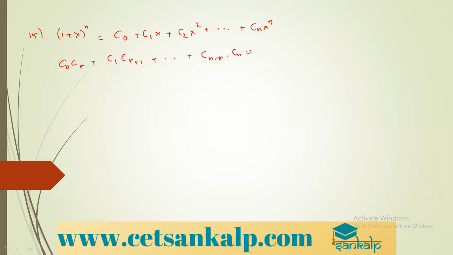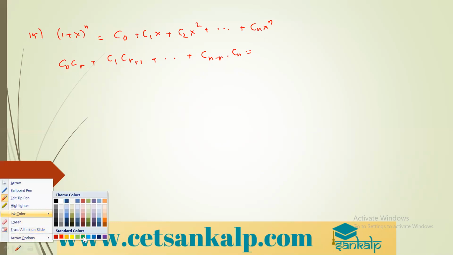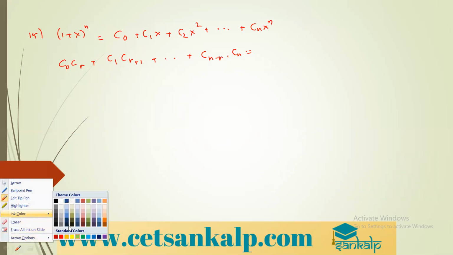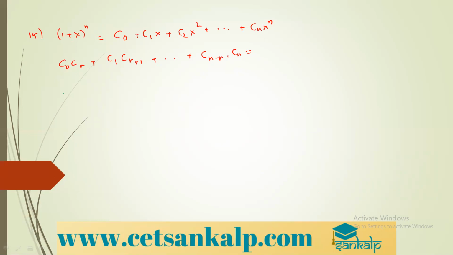Actually, this type of questions we have done in PUC. So it is a long question, but we will try to do it. There is no shortcut method unless and until you learn this by heart as a formula. So first of all, I will take (1+x)^n. It is C0 + C1x + C2x², and so on up to Cn x^n.